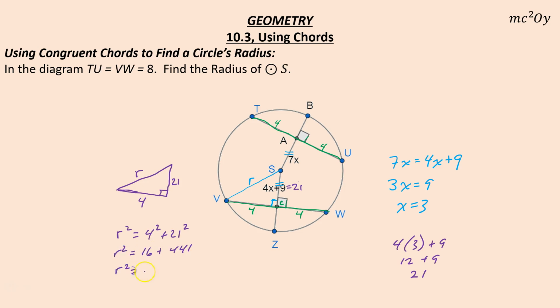So that means R squared is going to be equal to 457, which means R is equal to the root of 457. And if you round that, it would be R is approximately 21.4. It just depends what they ask, and if they don't ask, you're usually pretty safe at leaving it in simplest radical form, but you could also write it as a decimal there.